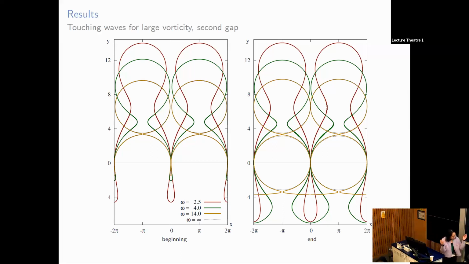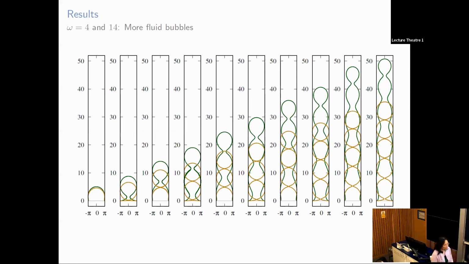Now, if you continue, right? On the left, these are touching waves at the beginning of the second gap, and on the right is the end of the second gap. As you see, the limiting configuration on the left side is this perfect circle on top of a Crapper wave, and on the right is a perfect circle on top of another perfect circle. If you continue, then you see this. What that means is, for vorticity 4 or larger, we know that there are at least 5 pores and 5 gaps.